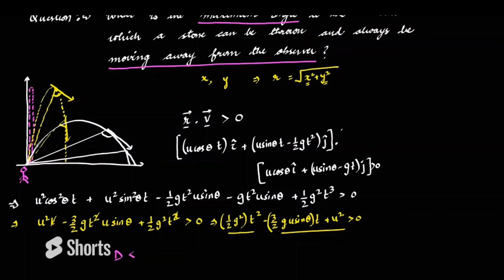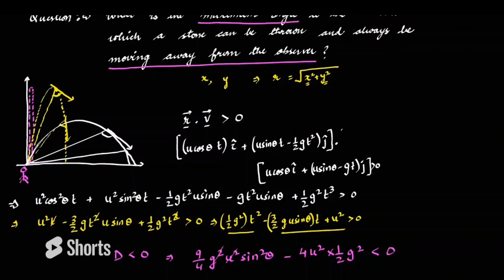Discriminant is less than 0. And what is the discriminant? I've used the quadratic equation funda, which I just told you, right? So what will happen is 9 by 4 b square, which is 9 by 4 g square u square sine square theta. Now this minus 4 u square into half g square is less than 0.